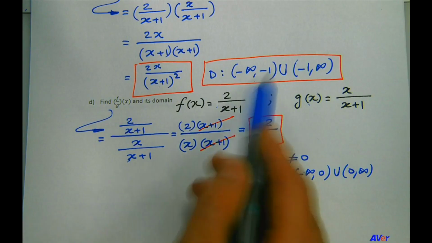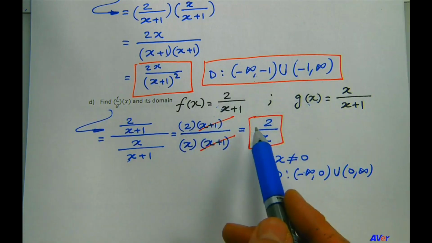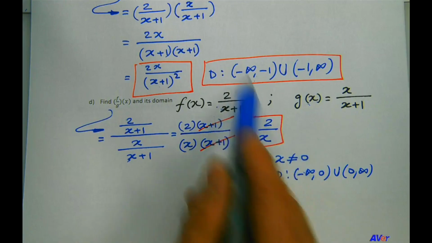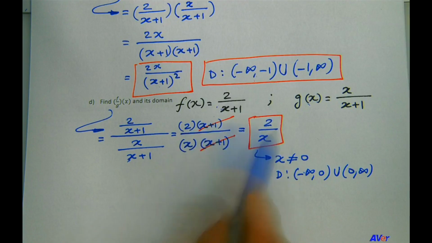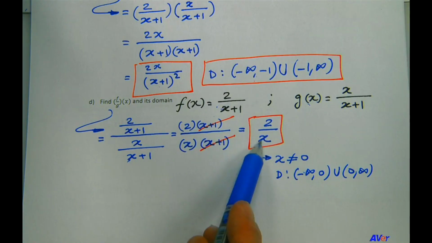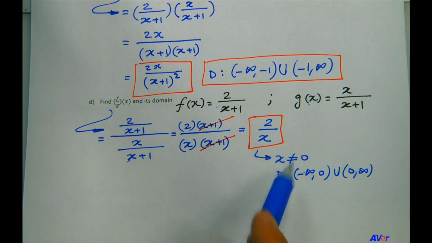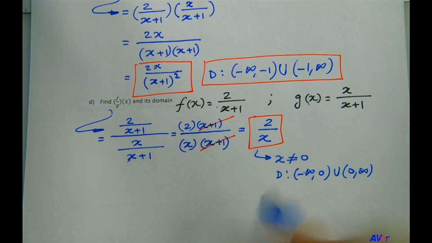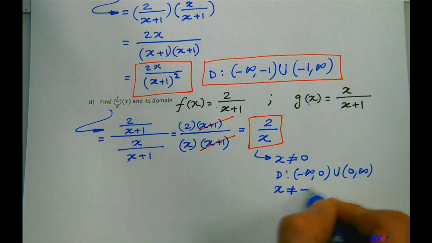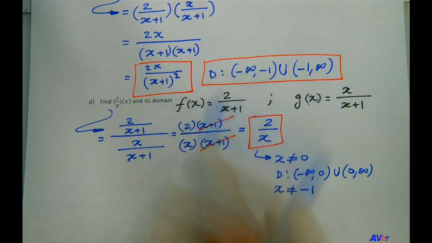That's the domain of the parent functions. We need to take the intersection of that domain with this domain in order to find the domain of this combined function. So, two numbers should be excluded for sure. One is 0, the other one is negative 1 from the parent functions.